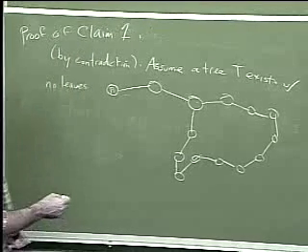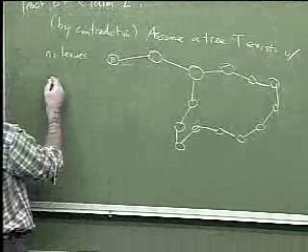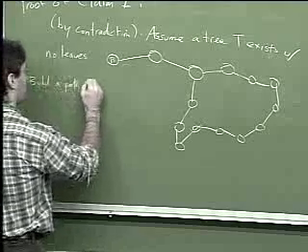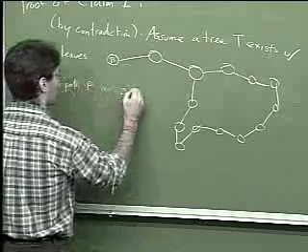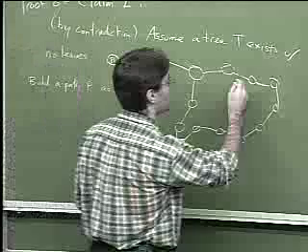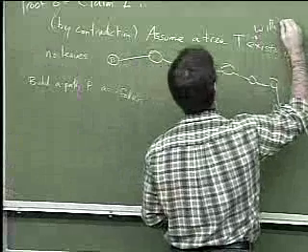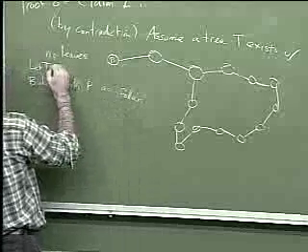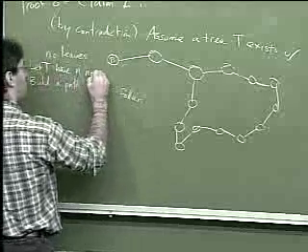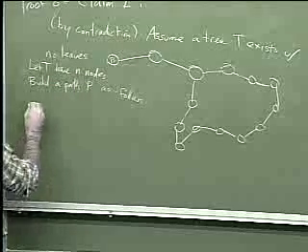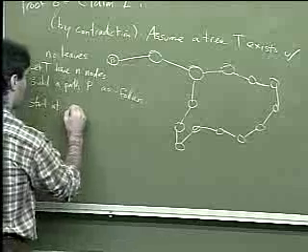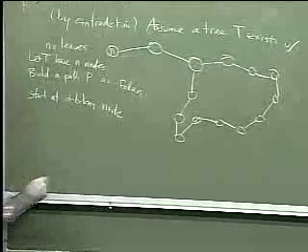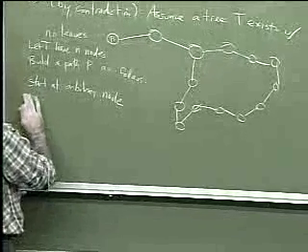You see that? So, more formally, let T be a tree with n nodes and no leaves. Build a path P as follows. Start at some arbitrary node, N0, called P0.